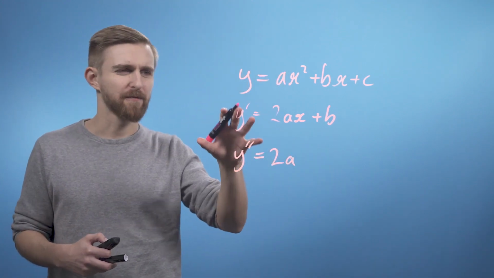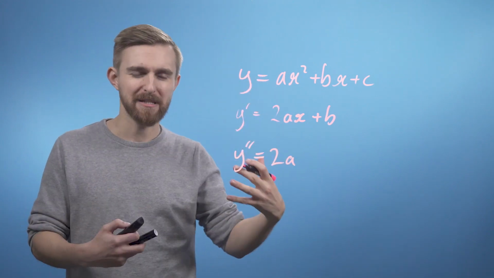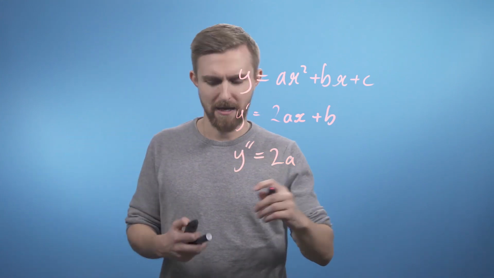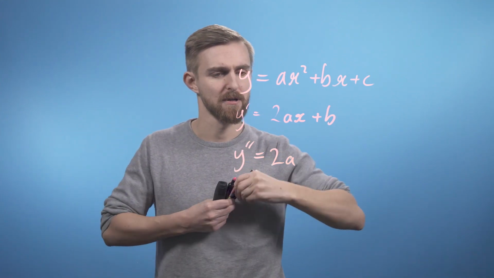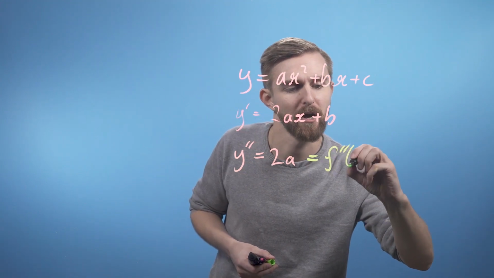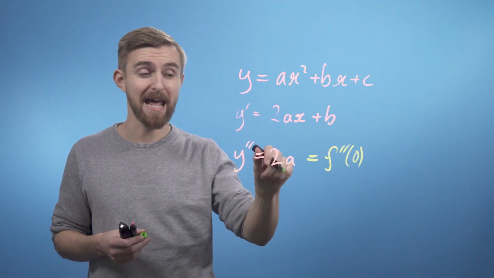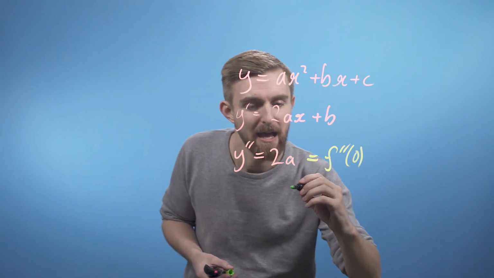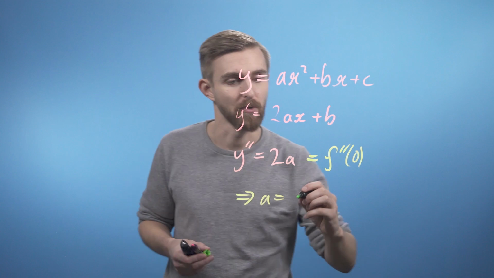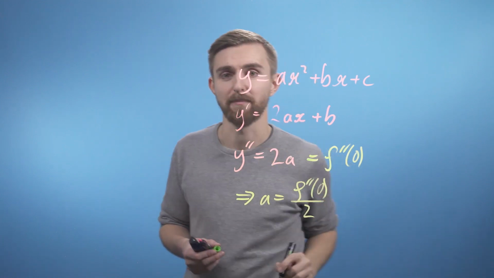Now what we want is for this function to be the same as f of x when we sub it in at the point x equals 0. So we can say, okay, at x equals 0, we want this thing to equal f double prime of 0. So clearly, our coefficient a, because this thing's not even a function of x, is just going to equal f double dash 0 divided by 2.